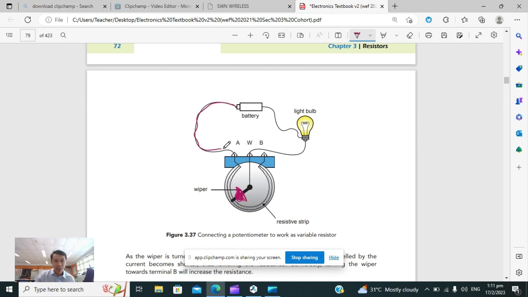The current comes over here, over here, over here. It sees that, oh, there is a break here, there's an open circuit here, no point going. So it'll come, but there is nothing over here to continue with the circuit. So in this case, what you have overall is an open circuit.